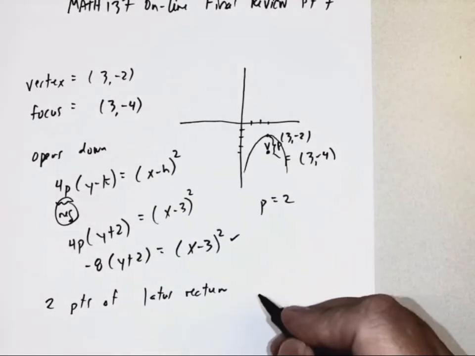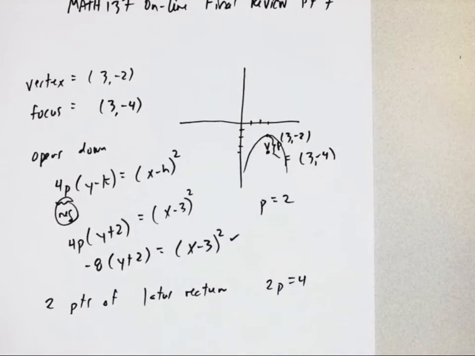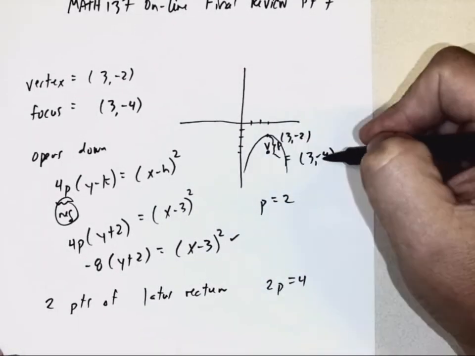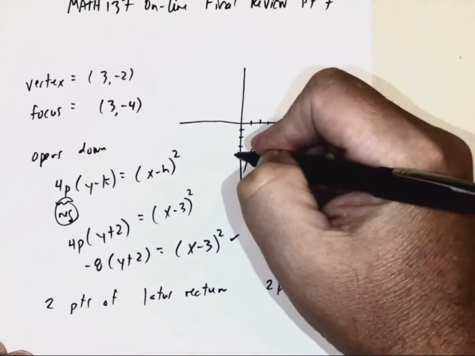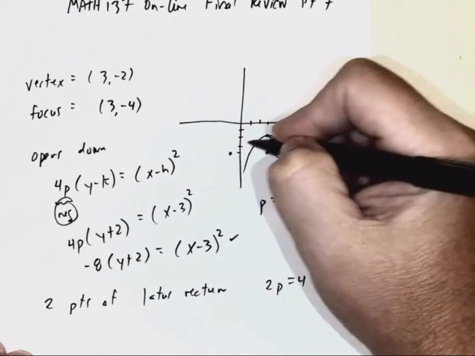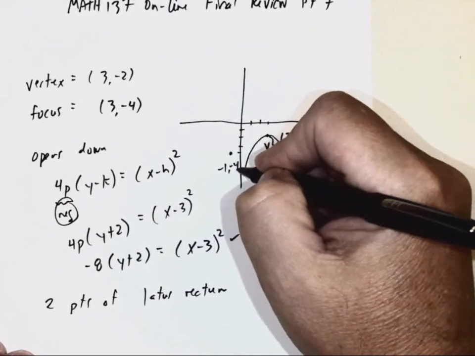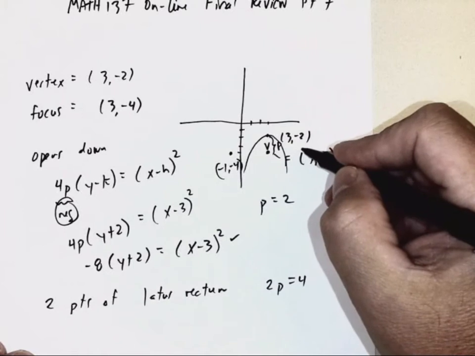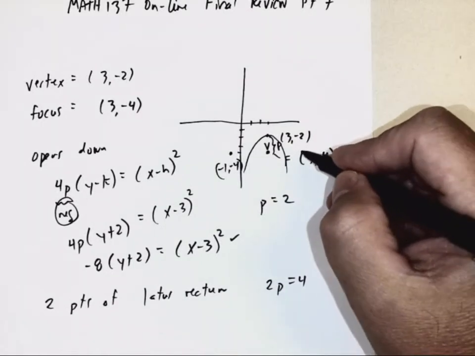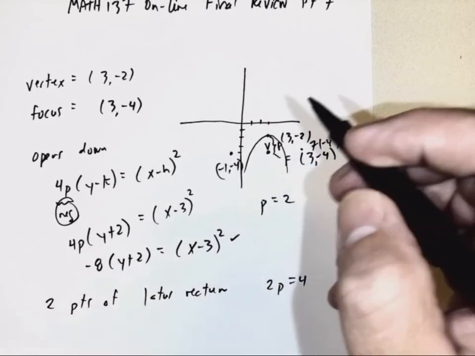Since p is 2, 2p is 4. So my focus is right here at 3, -4. If I move 4 this direction, I end up here at -1, -4. If I move 4 this direction, I end up at 7, -4.